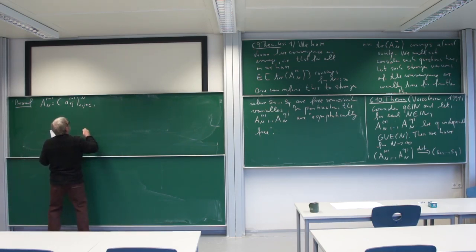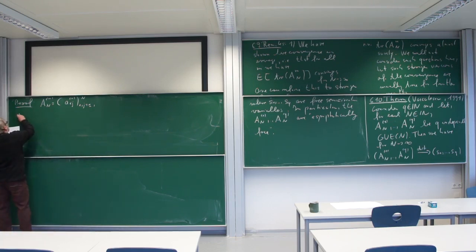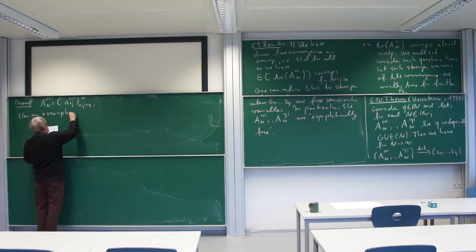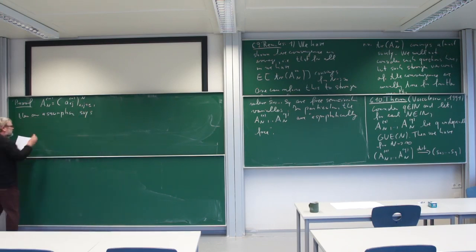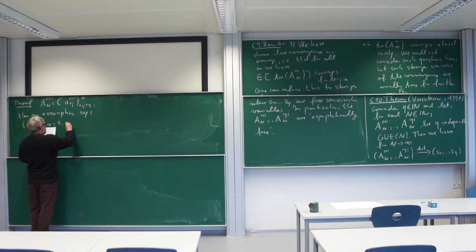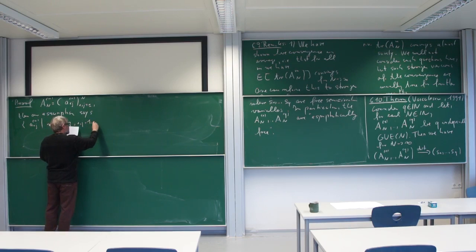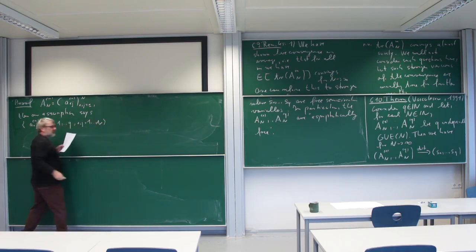The assumption on our Gaussian random matrices says that if I take all those entries together, so I take the i, j entry of the r-th matrix, but I'm running over all the matrices and all the entries, they together form a Gaussian family.